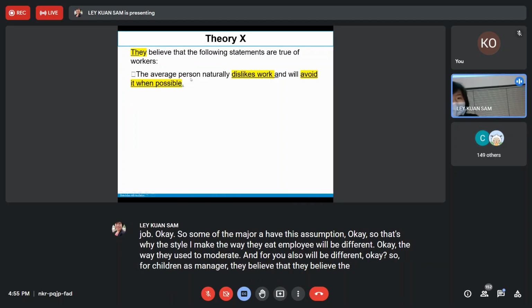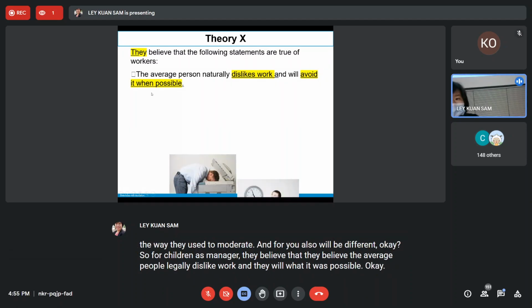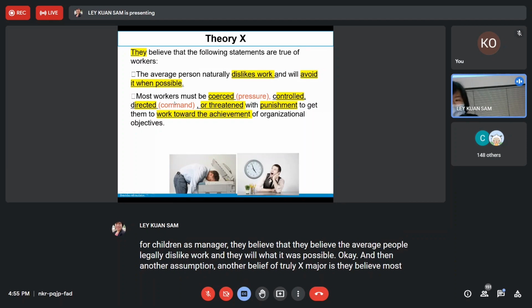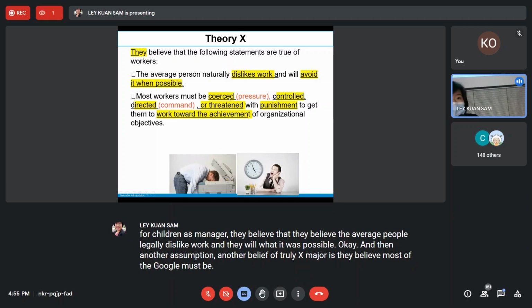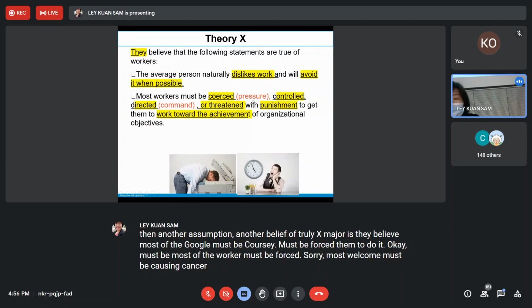the average person inherently dislikes work and will avoid it when possible. Another belief of Theory X managers is that most workers must be coerced, forced and pressured to work.